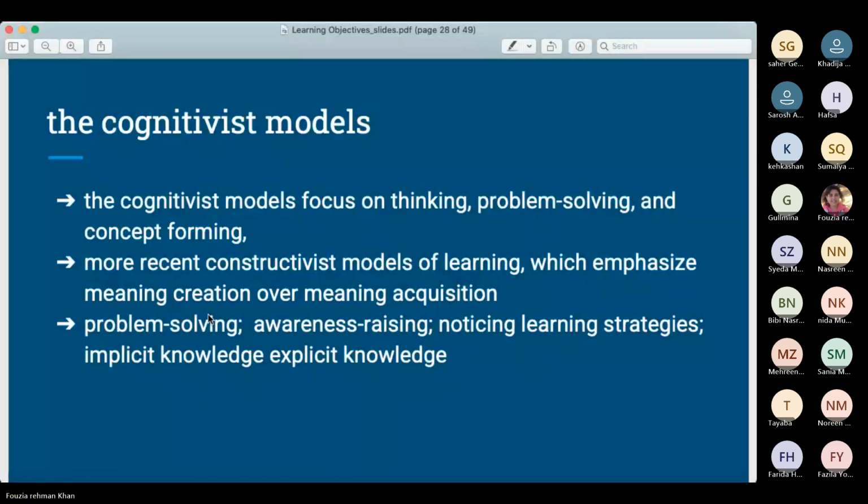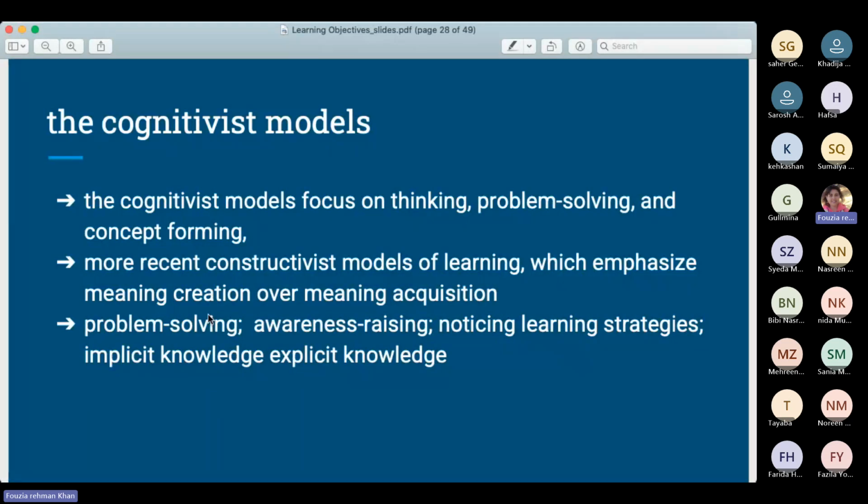And then from the cognitivist model, we move to the constructivist model, which emphasizes meaning creation and meaning acquisition, awareness raising, noticing, learning strategies. And the highest learning is about getting knowledge implicitly, implicit knowledge or explicit knowledge.